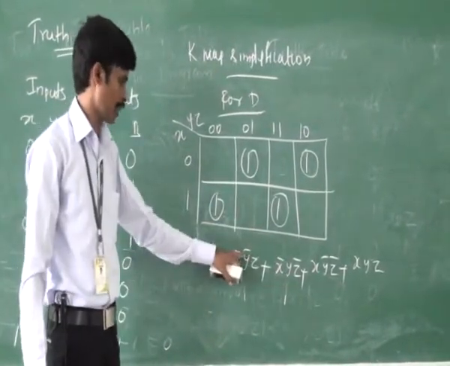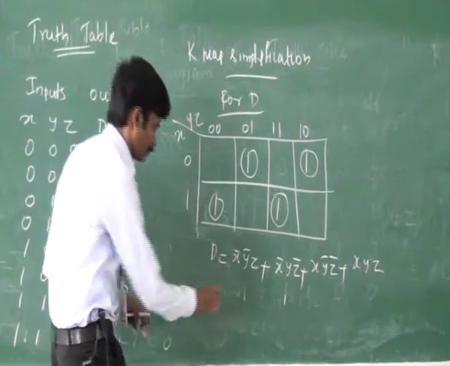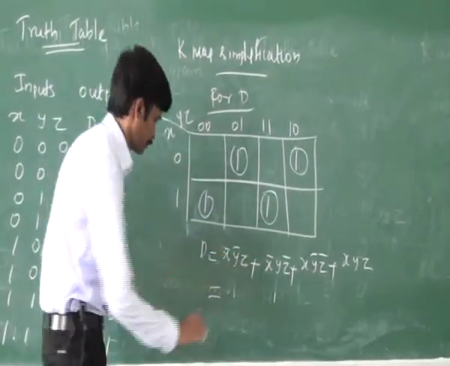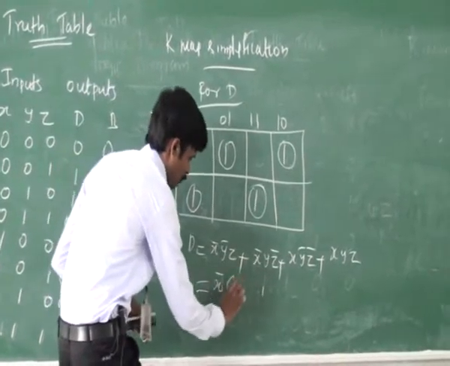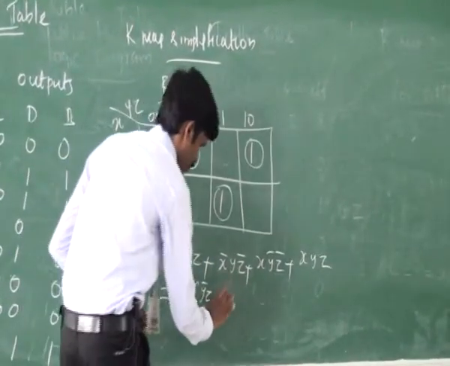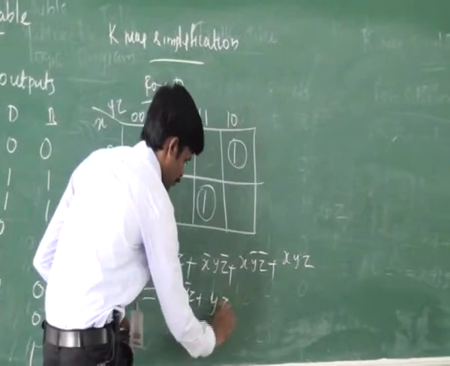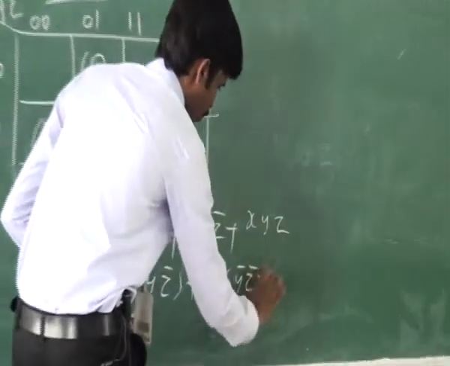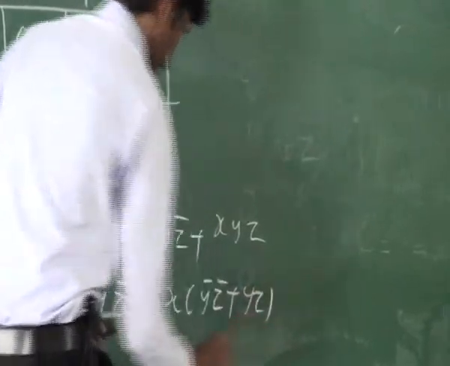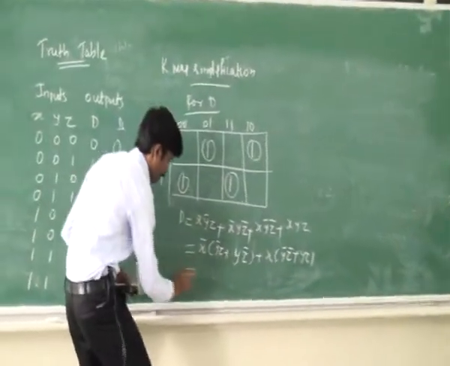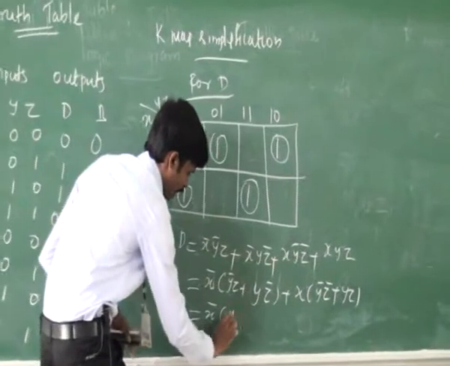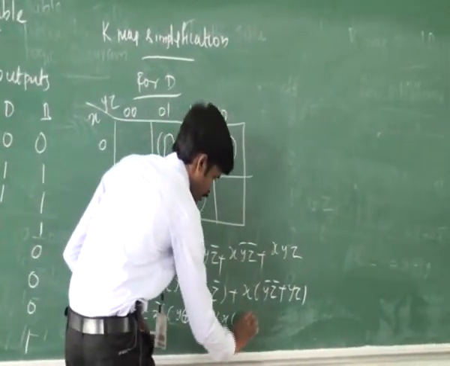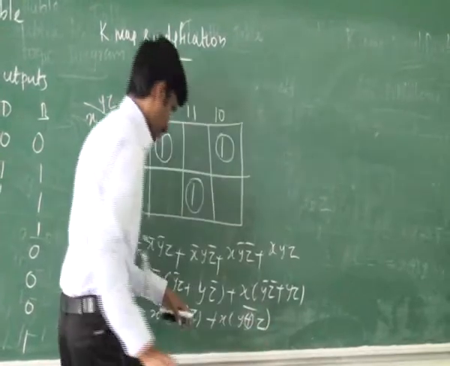Then this can be simplified by using XOR operation. While taking the first 2 terms, x bar is common, so it is simplified as x bar into y bar z bar plus y z bar, plus similarly x into y bar z bar plus y z. Then this can be written as x bar into y XOR z plus x into y XOR z whole bar.